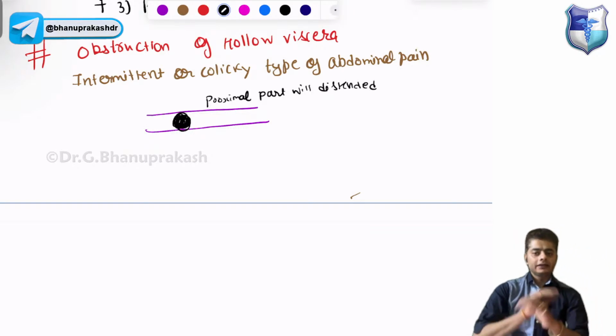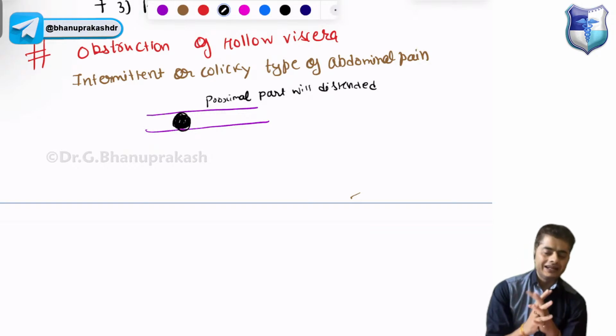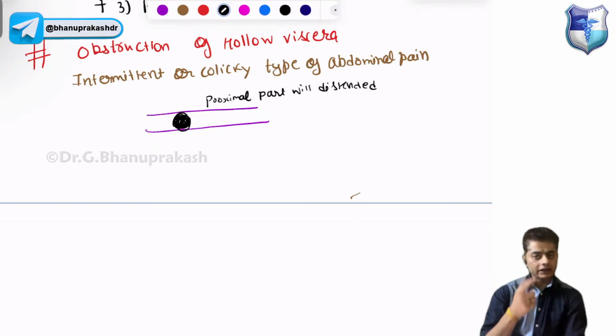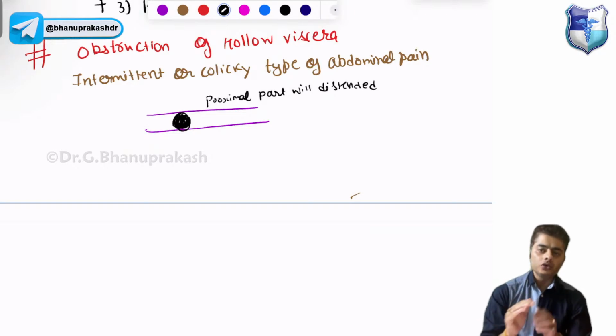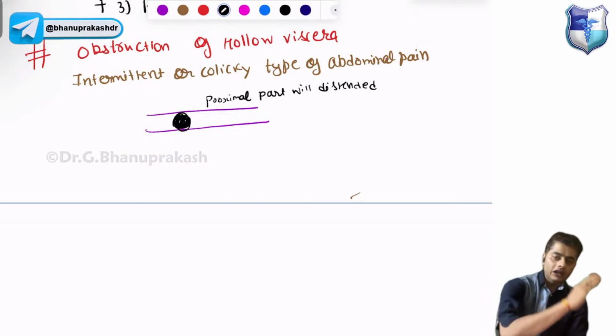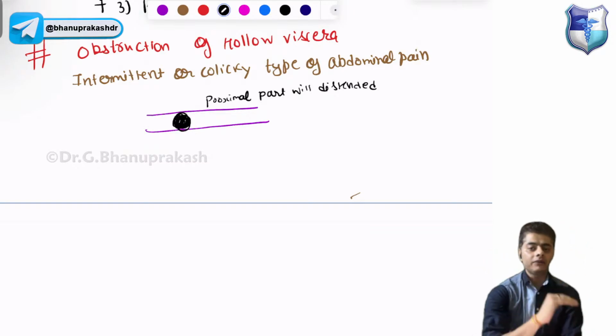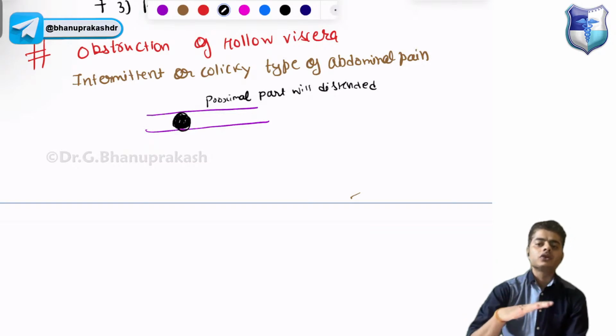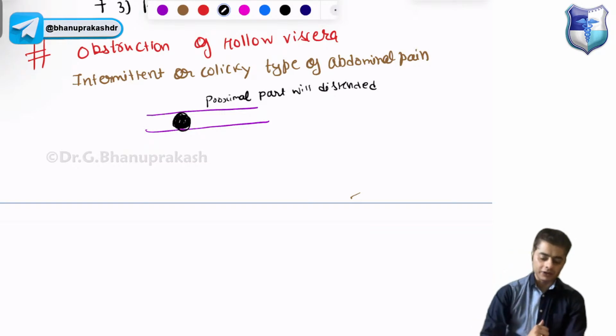I have told you previously that there are two types of peritoneal areas: one is parietal and the other is visceral. In the visceral peritoneum, pain is dull and diffuse because it is supplied by the ANS, and visceral peritoneum pain is due to distension, not due to touch. So when the proximal part distends due to the stone, the colic pain transforms into visceral peritoneum pain, which is dull, diffuse and slow, and not as severe as colic and parietal peritoneum pain.